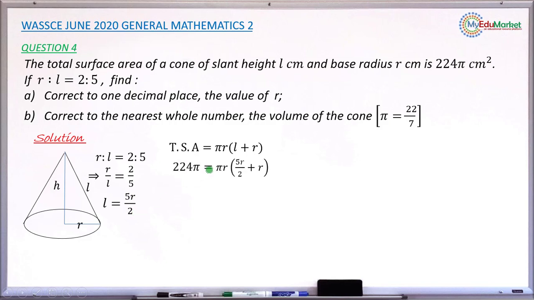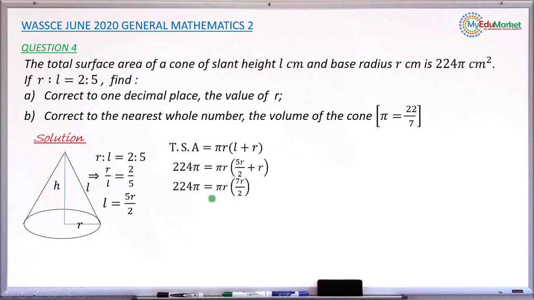So substituting the total surface area given in the question, 224 pi centimeter square, the left hand side equals pi R into, instead of L, 5R all over 2, then plus R. Adding 5R over 2 and R using LCM 2 gives 7R all over 2.